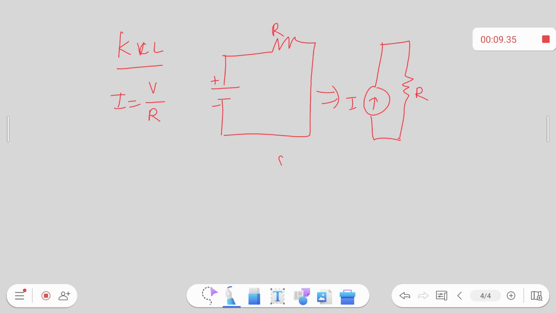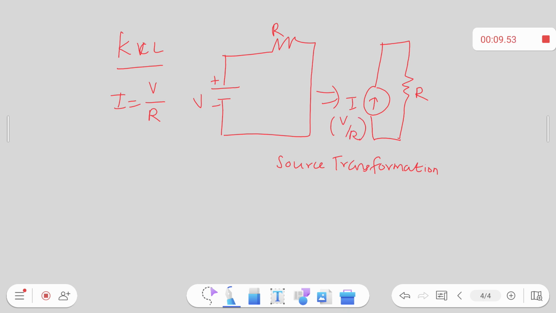This method is called source transformation. Source transformation is nothing but any current source can be converted to a voltage source, or a voltage source can also be converted to a current source. So this I is nothing but V by R.